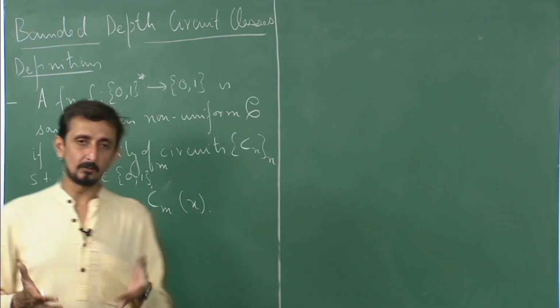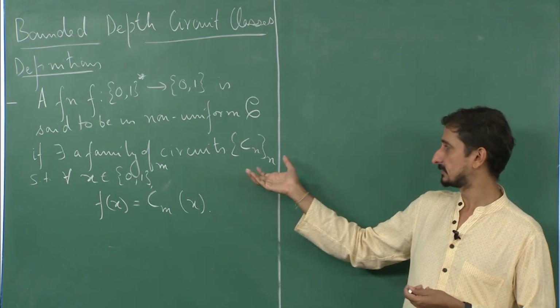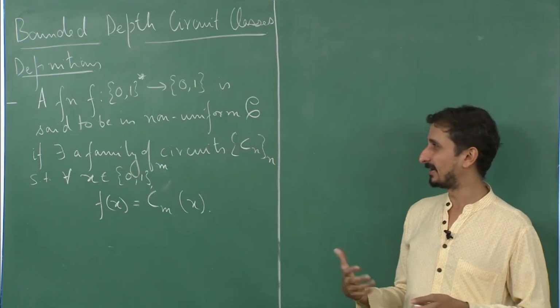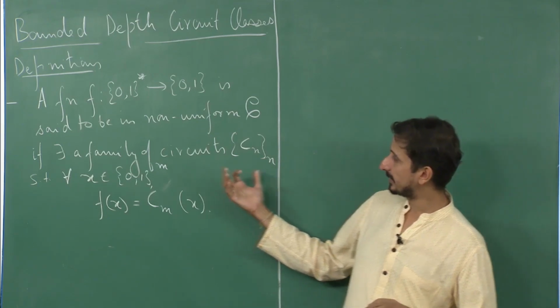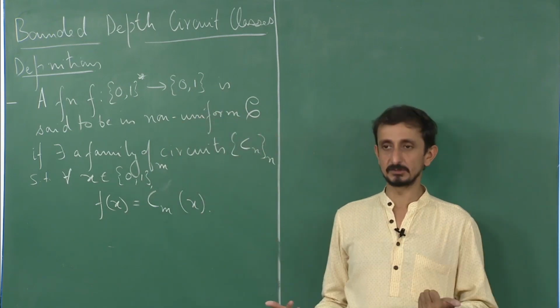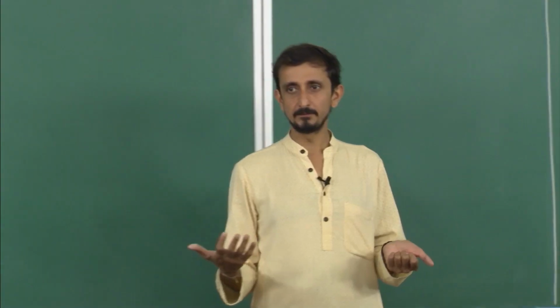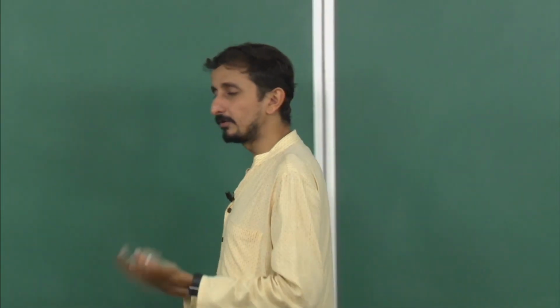So essentially the only thing that we are given is the existence of such a family. This family need not be constructible, and we say that it is in uniform C if this family can be constructed as well. We have notions of log space uniformity, and we have notions of other uniformity as well.